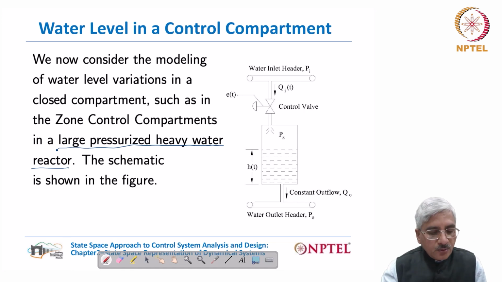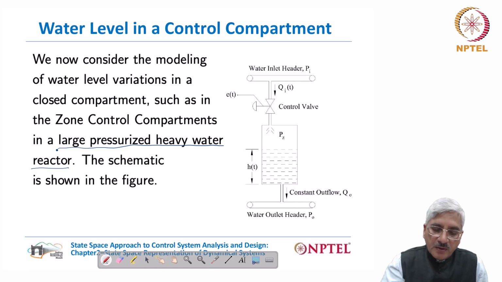You might be aware that India has a number of pressurized heavy water reactors, and a few of them are in the category of large pressurized heavy water reactors. Two are at Tarapur.